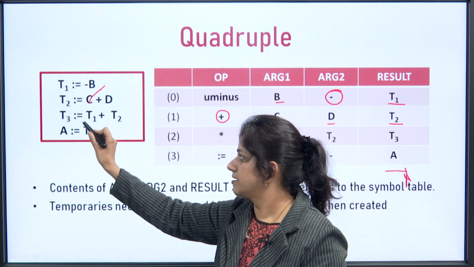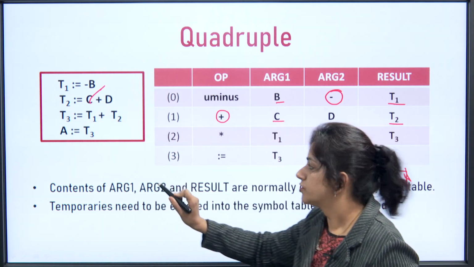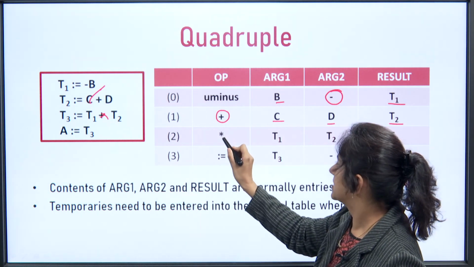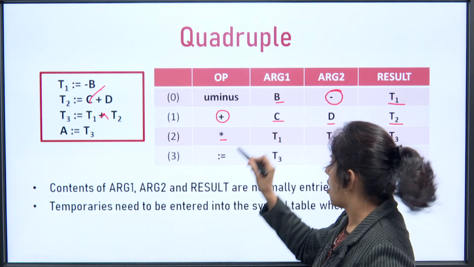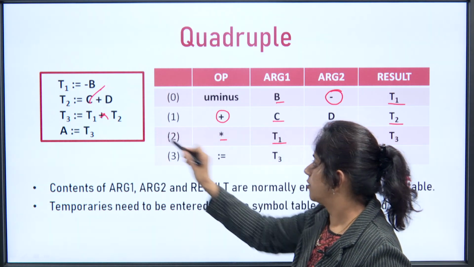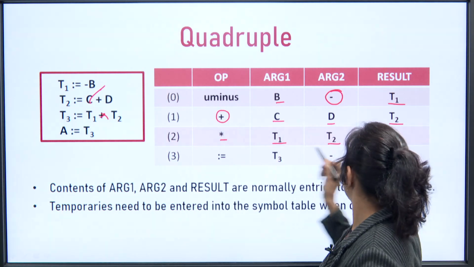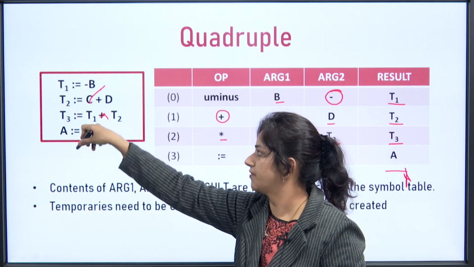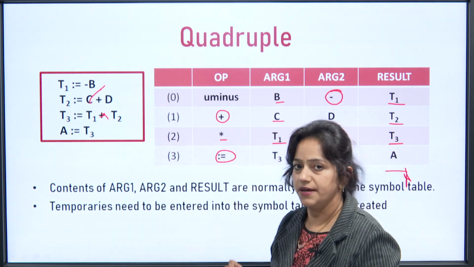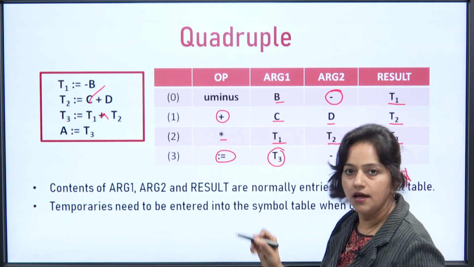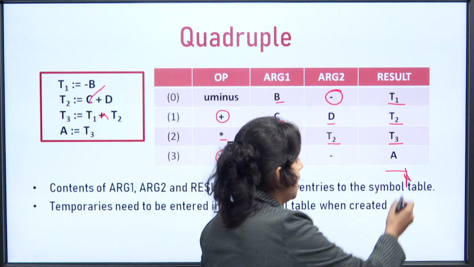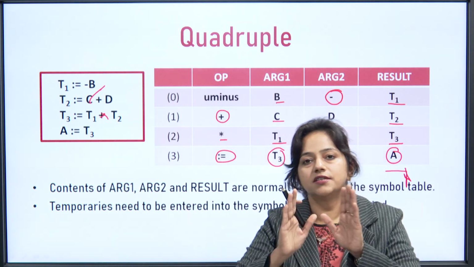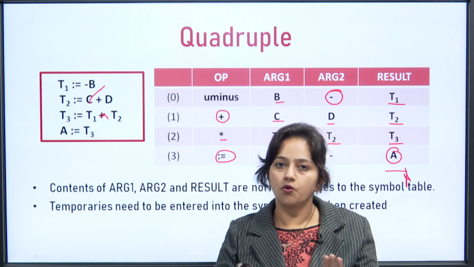Next is T3 = T1 * T2. The operator is multiplication, argument 1 is T1, argument 2 is T2, and the result is T3. Next is the simpler form of the first one: the operator is assignment, the first argument is T3, argument 2 is nil, and the result is A. This is the quadruple representation, the record structure that uses four fields.